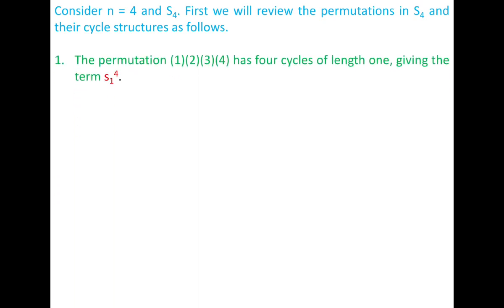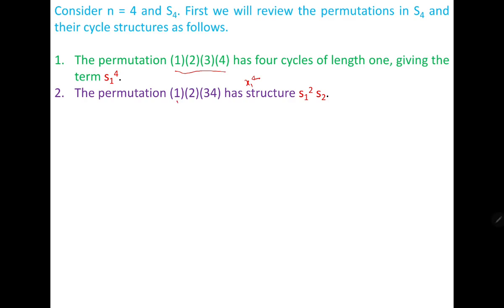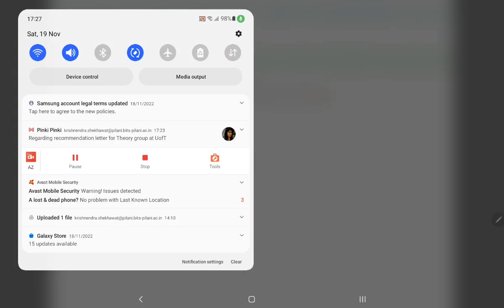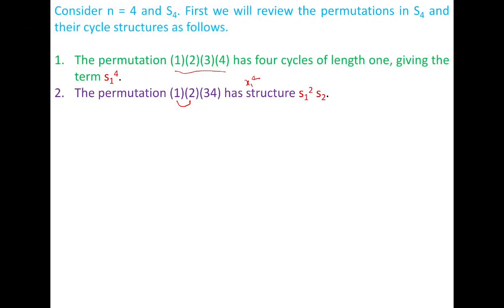For example, if I consider 4 cycles of length 1, then the cyclic structure is x1 raised to the power 4, or s1 raised to the power 4. Now if I consider a permutation of this form, then it looks like there are 2 cycles of length 1 and 1 cycle of length 2.